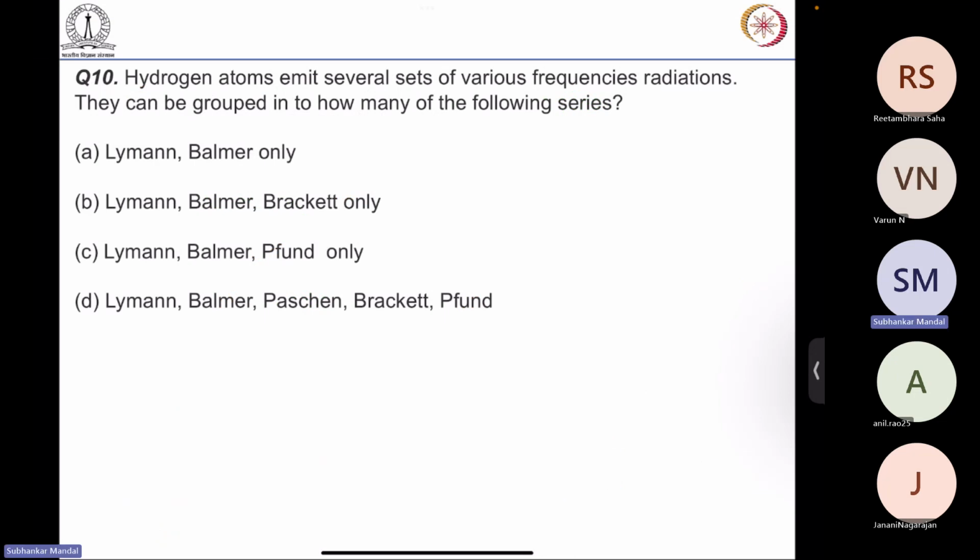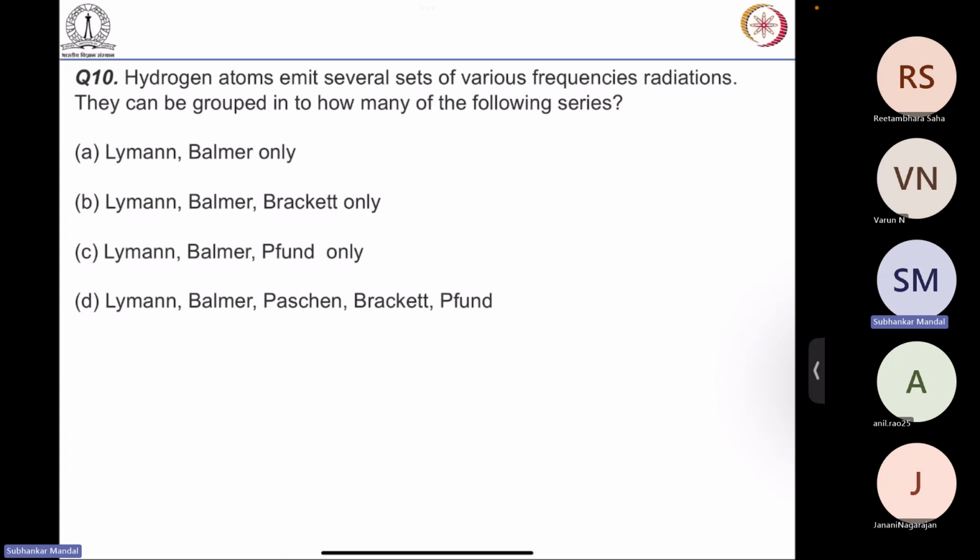Okay, next problem: hydrogen atoms emit several sets of various frequency radiation. They can be grouped into how many of the following series? I think we discussed this in the first class in the atomic structure chapter.